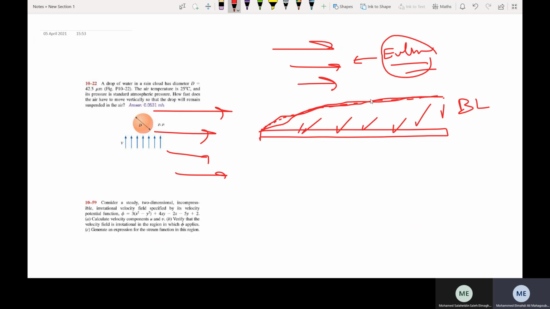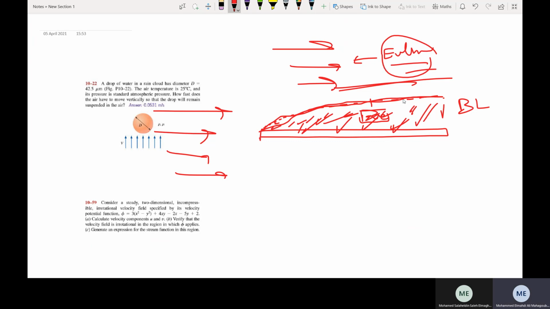So 1 over Reynolds number is a small number, which is why we need to consider the viscous flow inside, and outside you can get away without computing the viscous force.